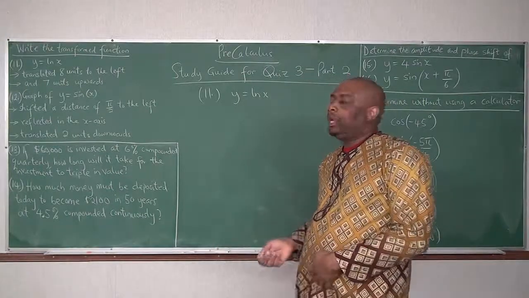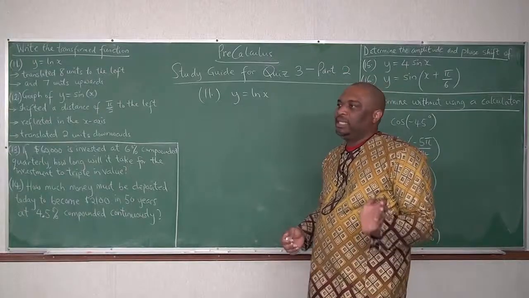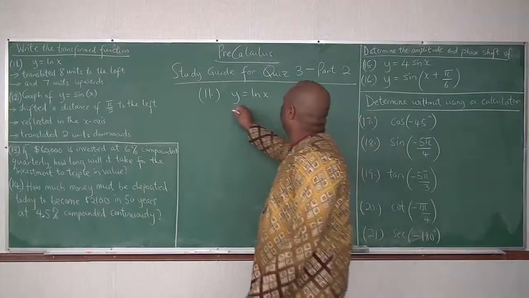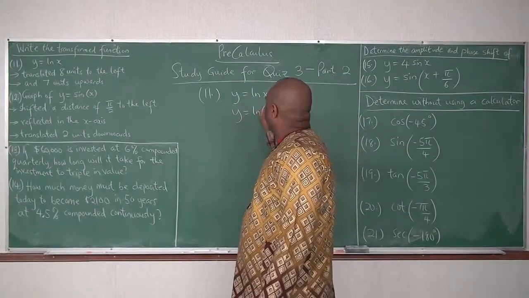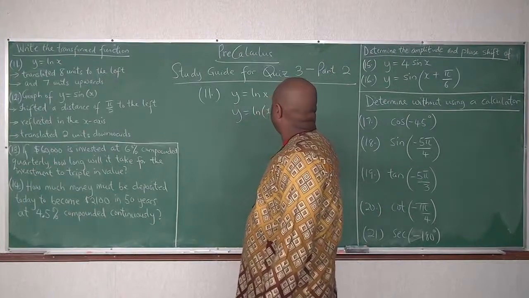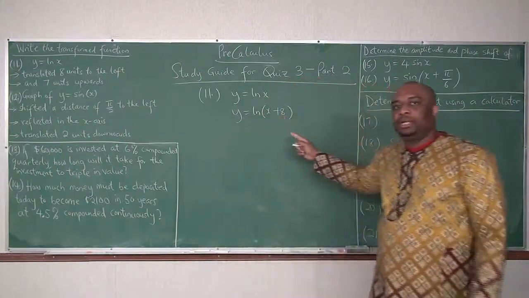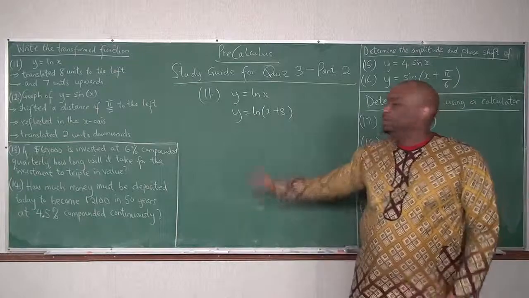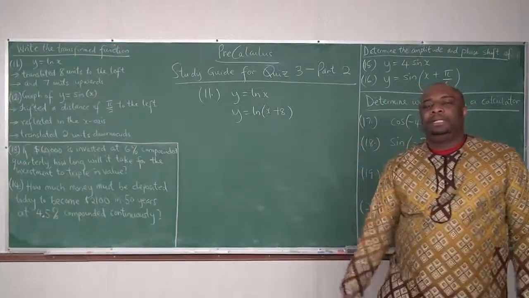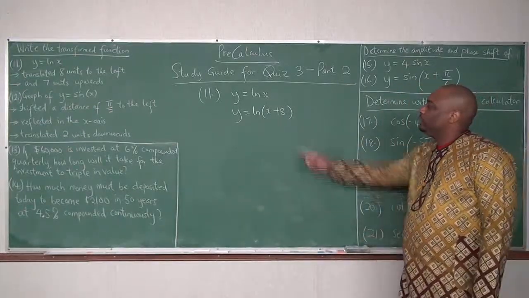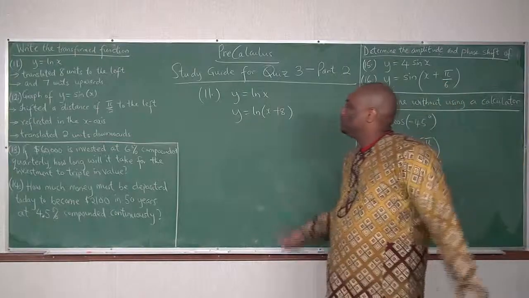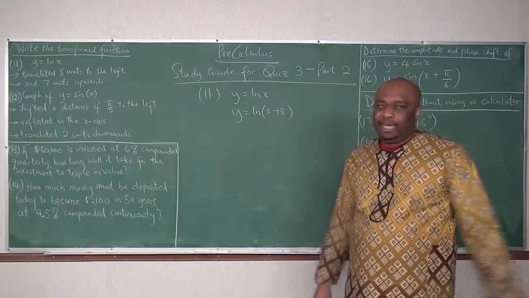And remember, horizontal translation to the left is y equal to ln of x plus 8. Now if it was 8 units to the right, then it would be minus. But this is 8 units to the left, so it will be y equal to ln of x plus 8.